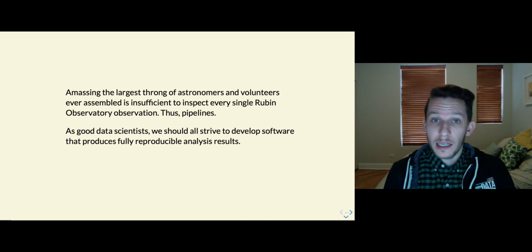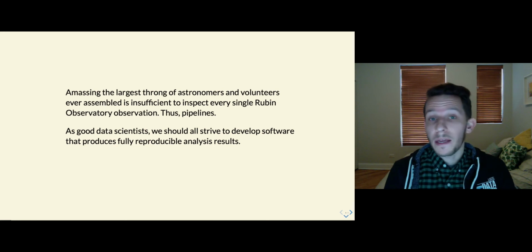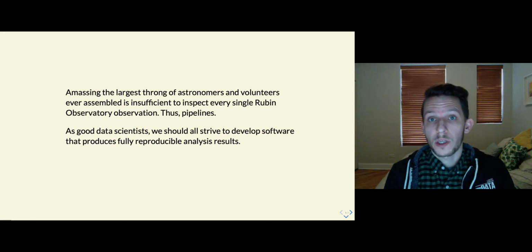As good data scientists, we should all strive to develop software solutions that produce reproducible analyses of our data. As we teach in the DSFP, this means things like building software packages with version control, whether that be Git and GitHub or something else. It means working on continuous integration so that we know any changes we make to the software still run appropriately no matter what platform you're running.